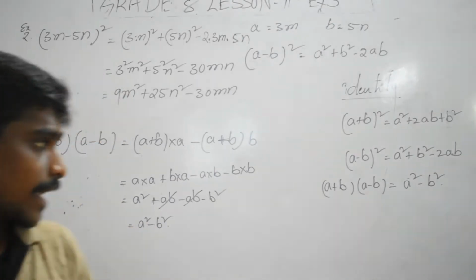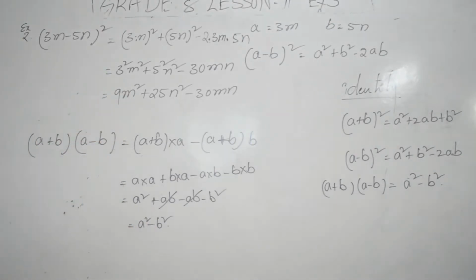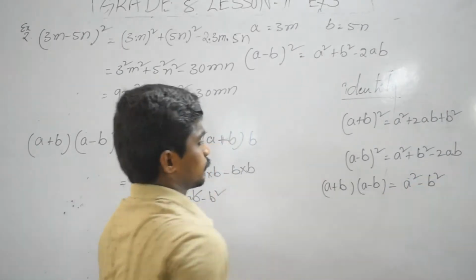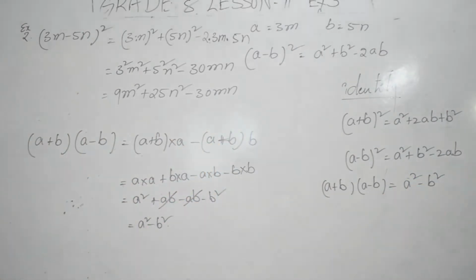So (a plus b) times (a minus b) is equal to a square minus b square. That is the answer, a square minus b square. So that is one of the identities.